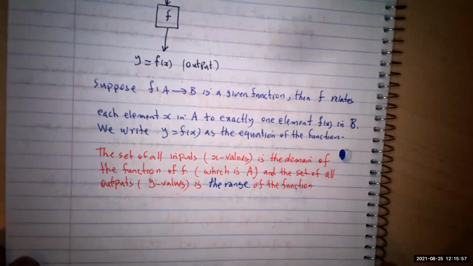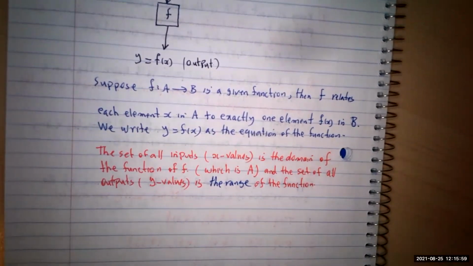Remember, the B is the codomain because the function is a relation, but the output of the function may be different from the codomain. So we call it the output, or the range of the function.